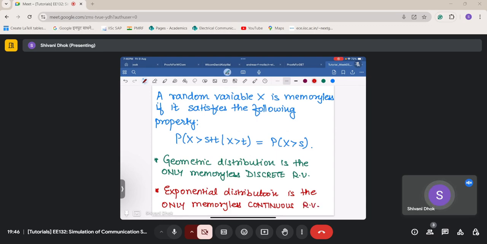So these are some interesting properties of these two distributions which can be used to solve many questions which are related to exponential random variables or geometric random variables.